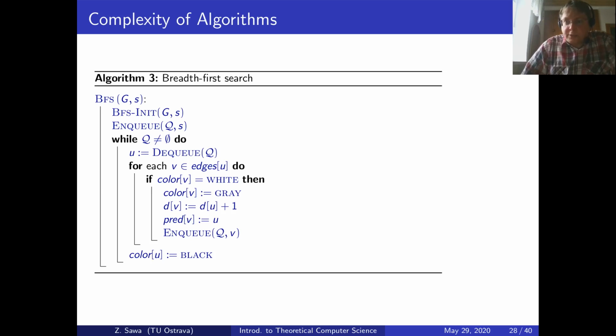So it's probably not difficult to realize that we process first all nodes of distance 0, then all nodes of distance 1, then distance 2, distance 3, distance 4, and so on.